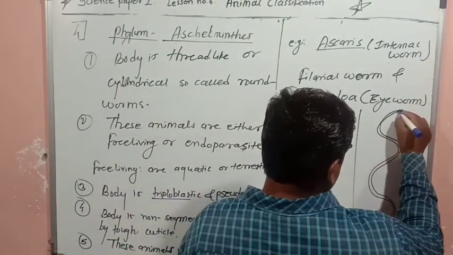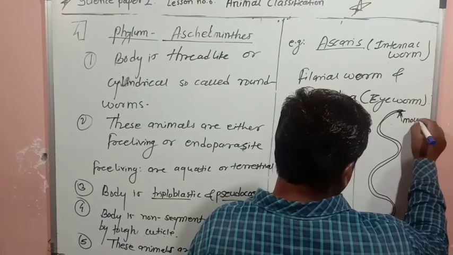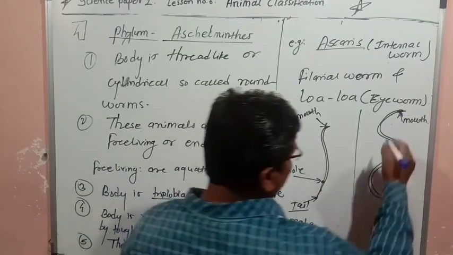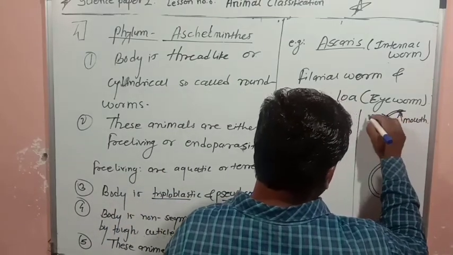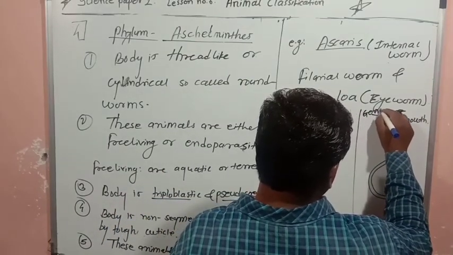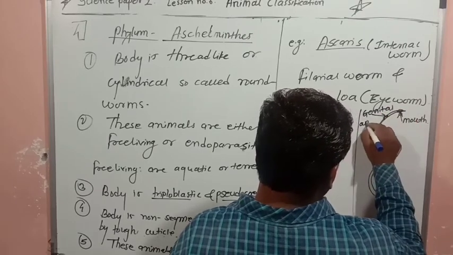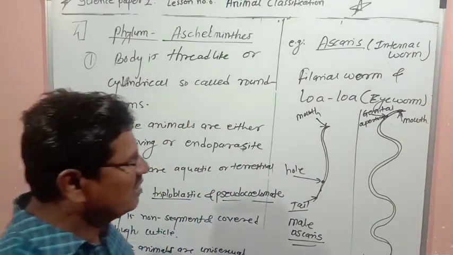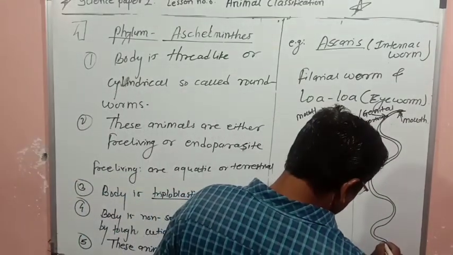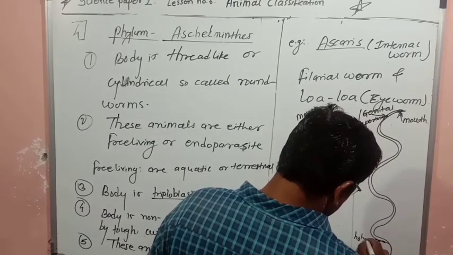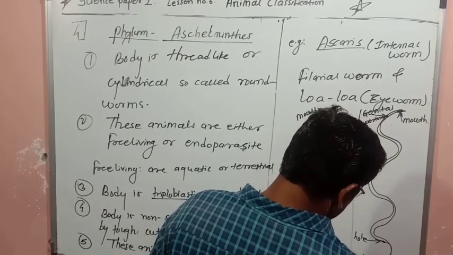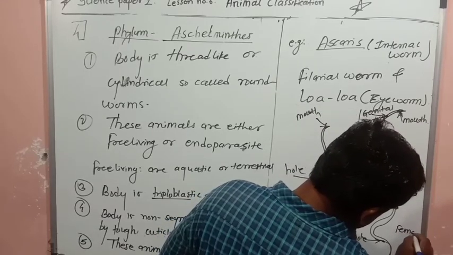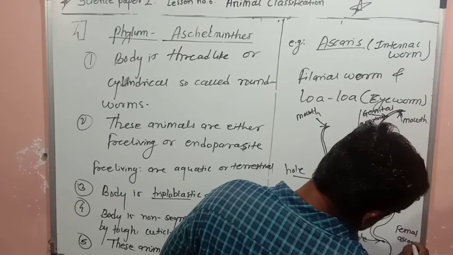Like this, a thread-like, cylindrical body is there, and here also you can give the name mouth. Another you can name genital aperture. Next, here the hole will be there, and this one will be the tail. This is the female Ascaris.